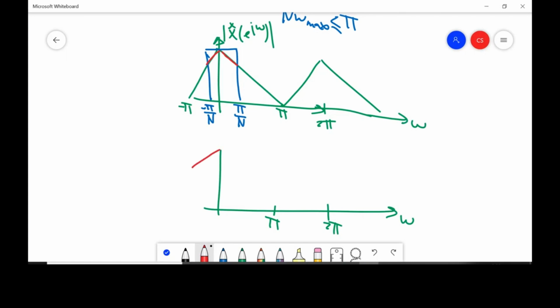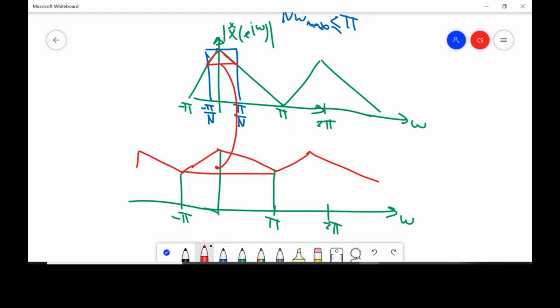So we will have something that goes here, and then it is repeated. And this point is minus pi. Okay, so this area here is the one that is kept.